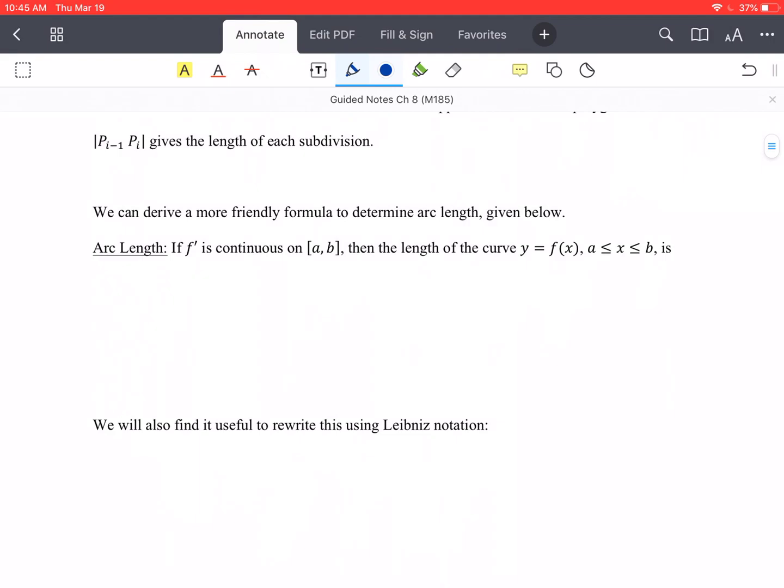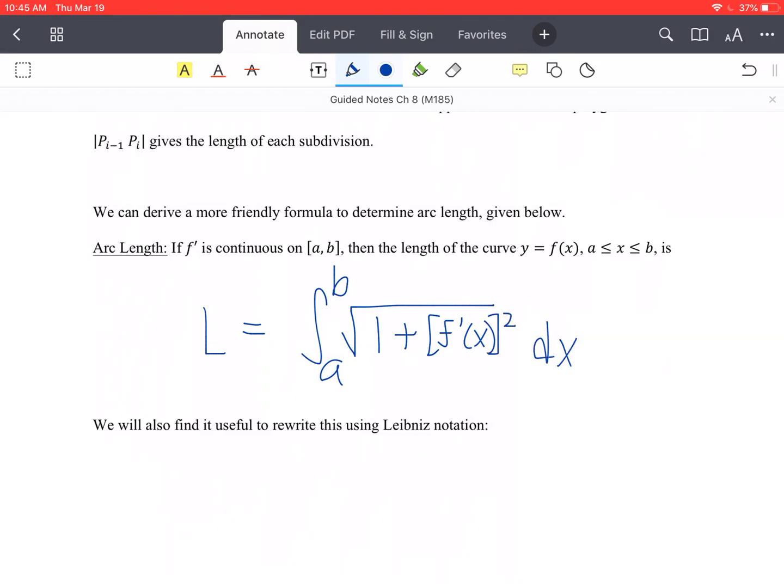So we say that if f prime is continuous on the closed interval from a to b, then the length of the curve y equals f of x between a and b is the following. It is L equals the integral from a to b of the square root of 1 plus f prime of x squared dx.